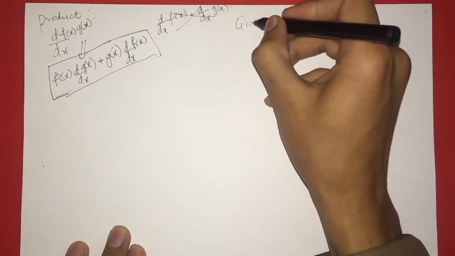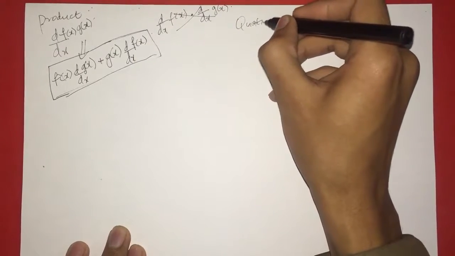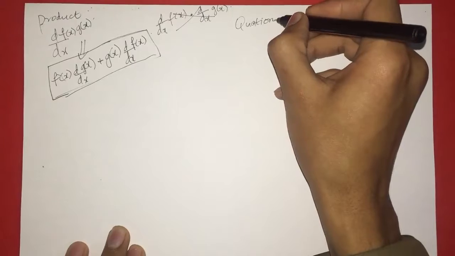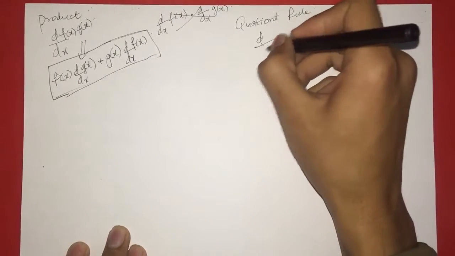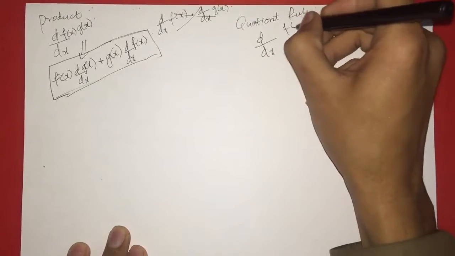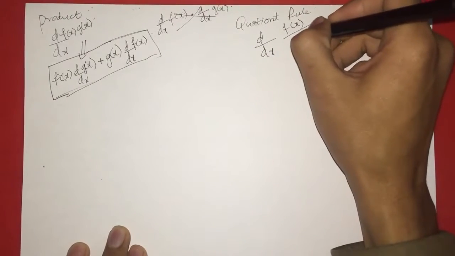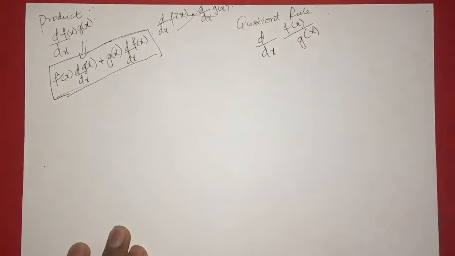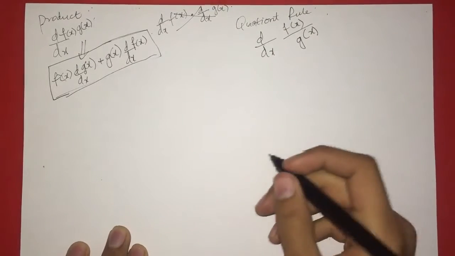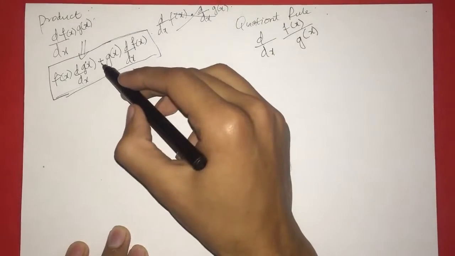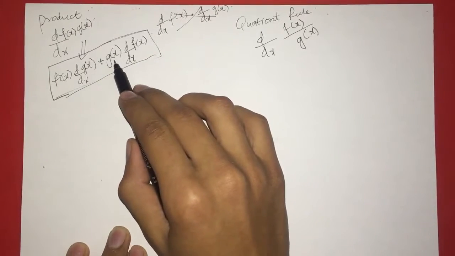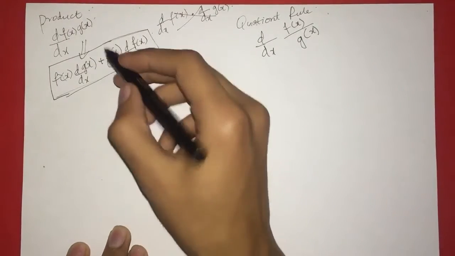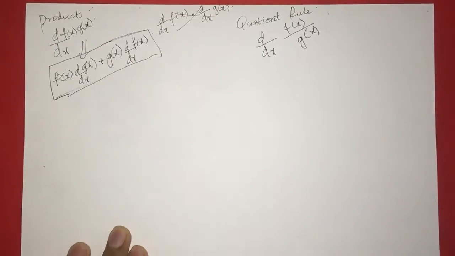Now same is the quotient rule. If you have d by dx of f of x by g of x, it is similar to this rule, but the difference is the sign and the order of the terms.